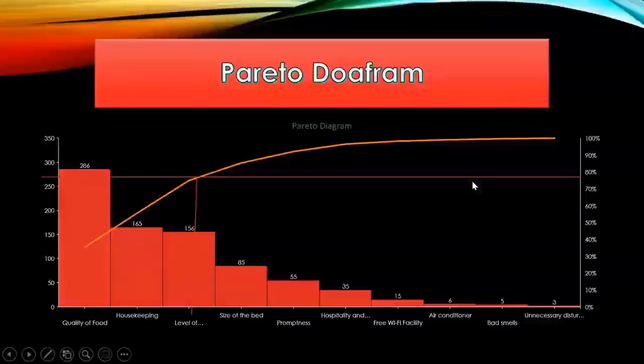This is now the diagram that I have drawn by using the given information. It has two steps. Under the first step, you are required to draw the bar chart by using the frequency of each factor.